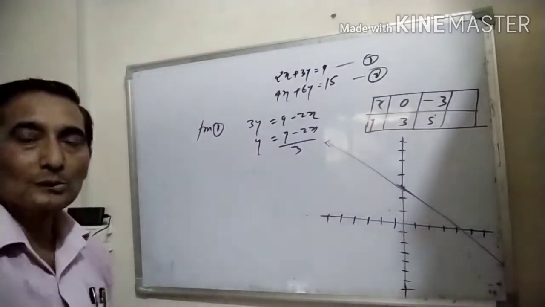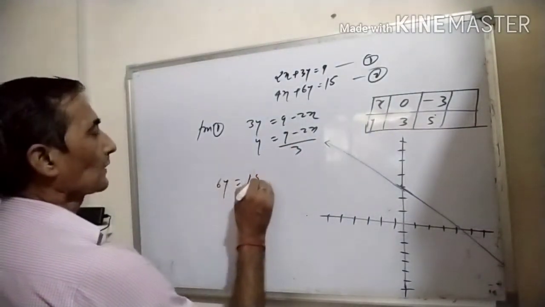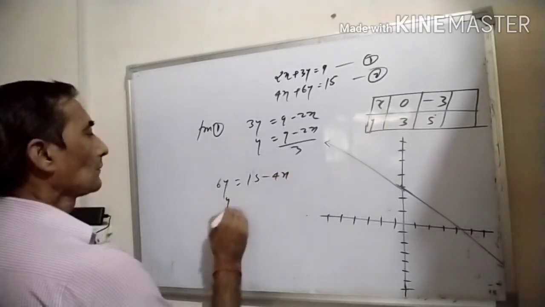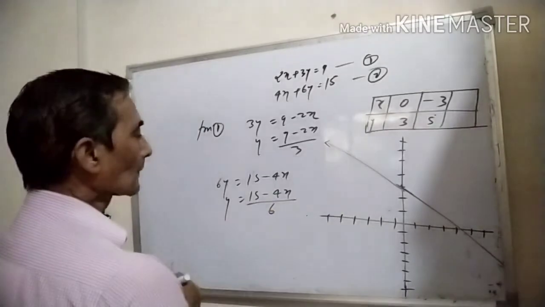But when you generate the second equation, you will get 6y is equal to 15 minus 4x, y is equal to (15 minus 4x) by 6.